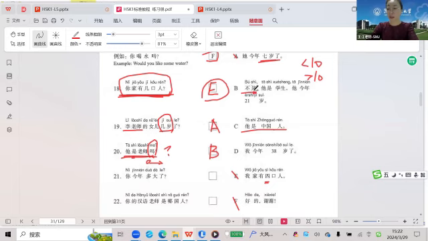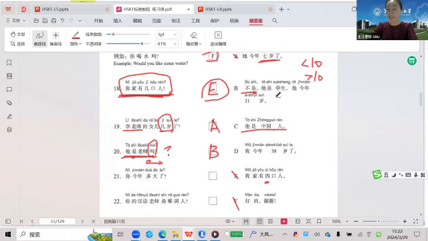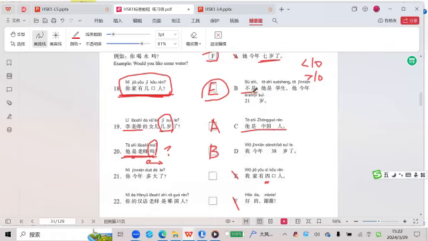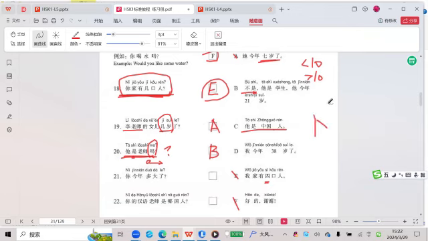So, yes or no? No. 不 means no or not. Are you clear? You must remember, 不 means no or not. 不是 means no.